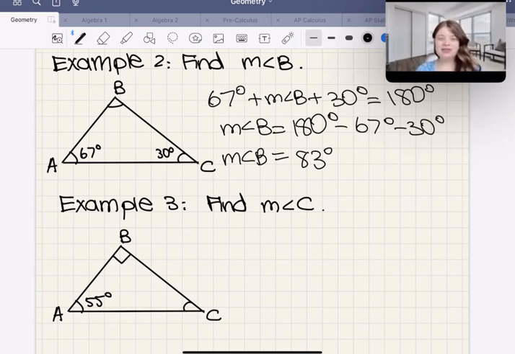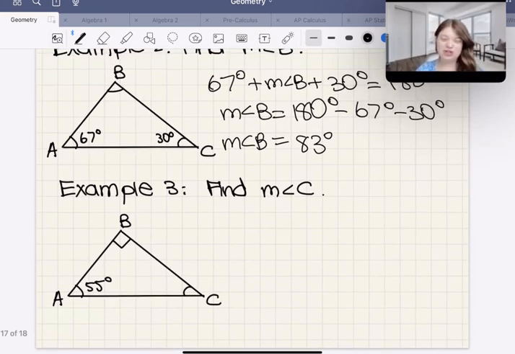Example 3 says to find measure of angle C. Now notice it might look on the surface like we only have one angle here, which is angle A, which is 55. But whenever you see this little square symbol on one of the angles, that means it's a right angle. And all right angles have a measure of 90 degrees. So therefore, we actually also know angle B. We know that angle B is 90 degrees.